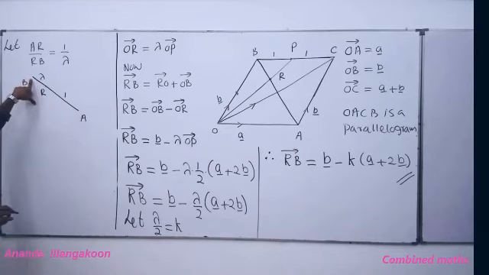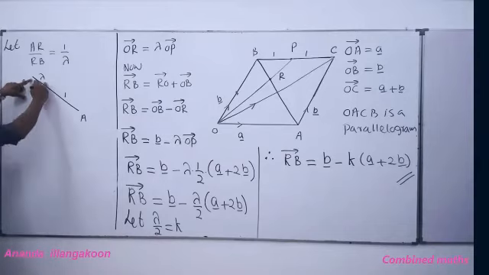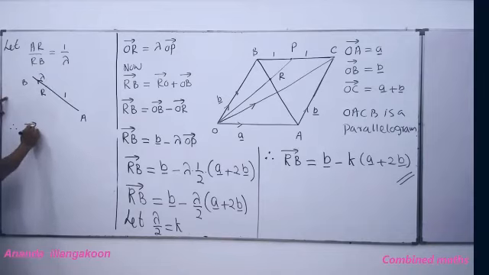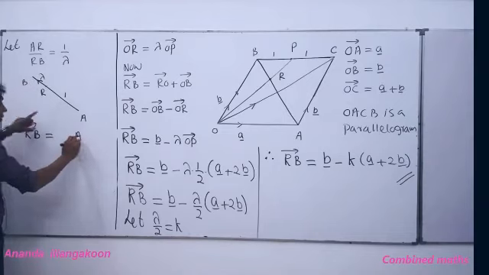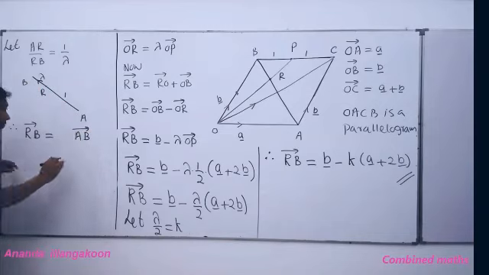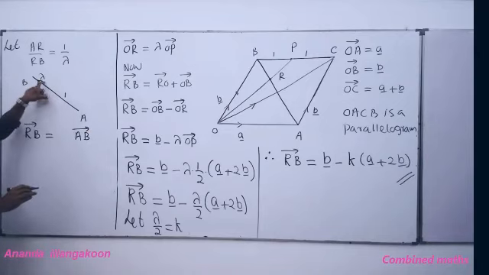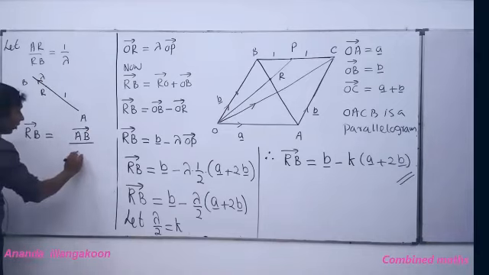Yes, possible. Now we can write RB vector as a fraction of AB vector. How? AB vector we must divide by the sum of the ratio figures. What is the sum? 1 and lambda. The sum is 1 plus lambda.